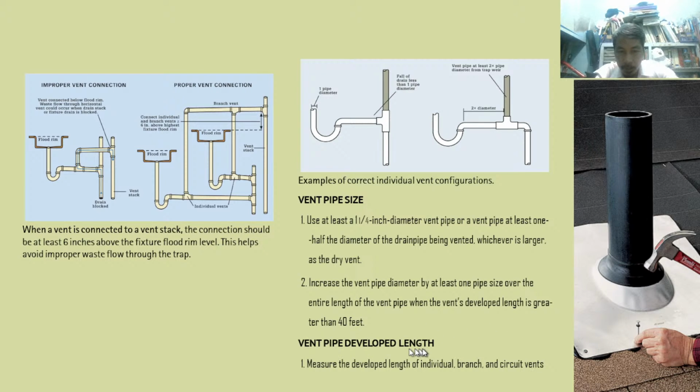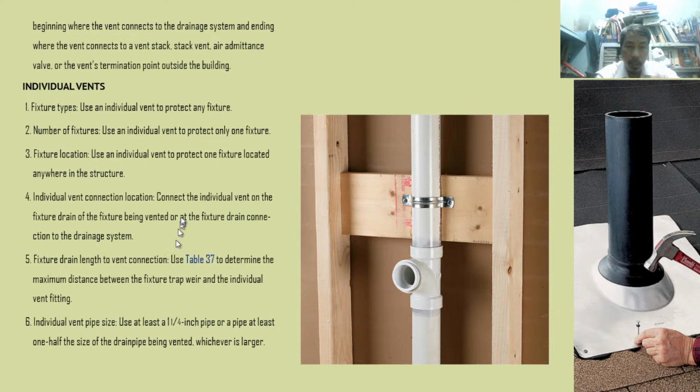Vent pipe development length. Measure the developed length of individual branch and circuit vents. We have to measure it beginning where the vent connects to the drainage system. So this is the starting point.